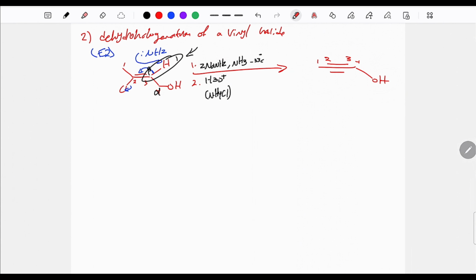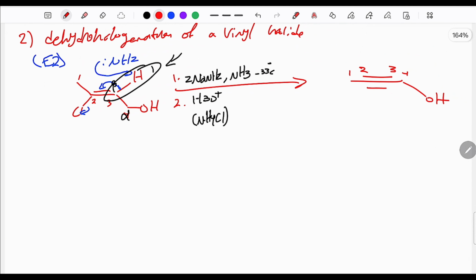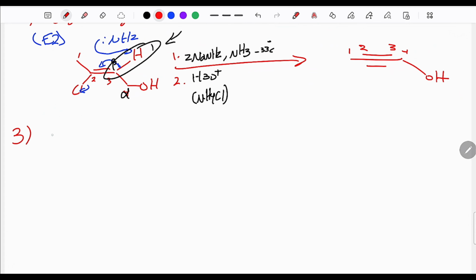So yeah. All right. Our next reaction we're going to take a look at is going to be the addition of HX to an alkyne. So now this is interesting because there's a bit of a caveat with this, okay?